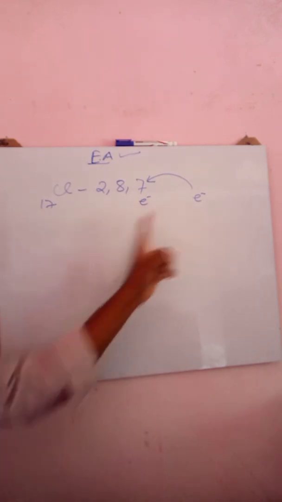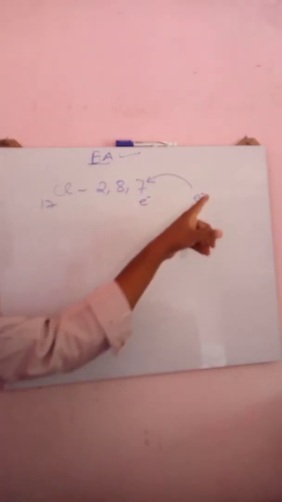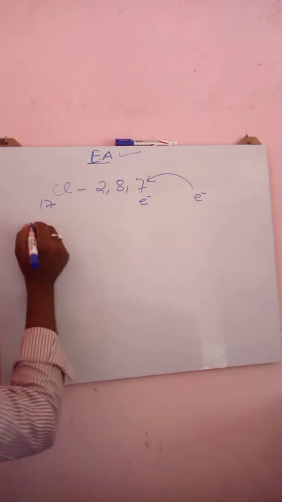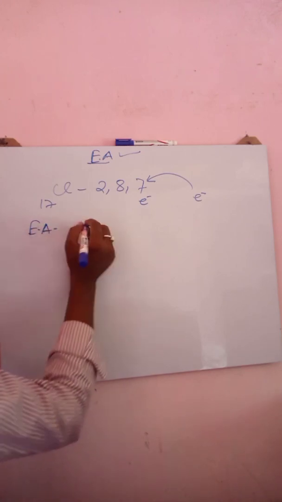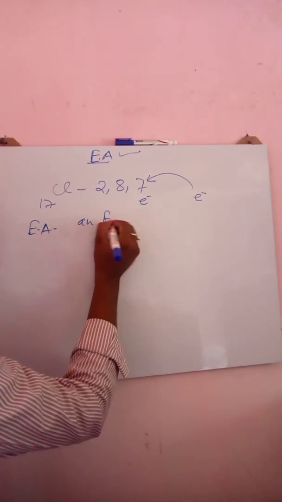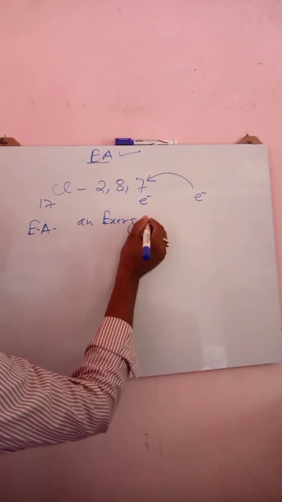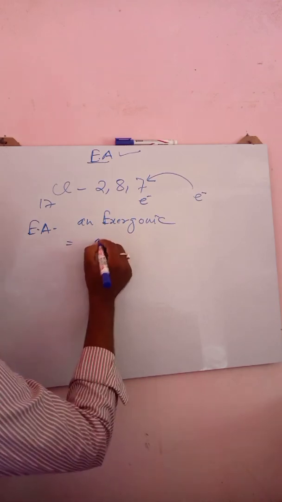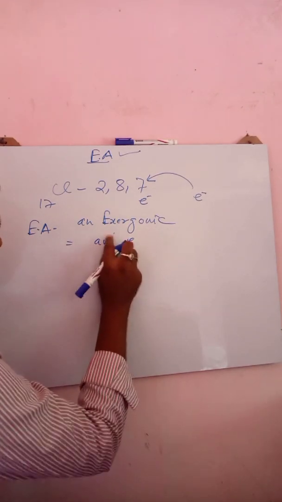Whatever I am telling about overcoming the repulsion will come in the case of electron affinity 2, meaning I am talking about successive electron affinity. So always remember, electron affinity is an exergonic process. While if you talk about successive electron affinity, meaning in a sequence if you want to add electrons, successive electron affinity is always an endergonic process.